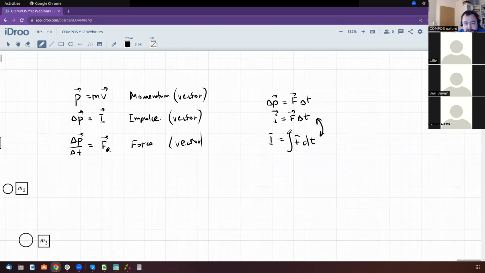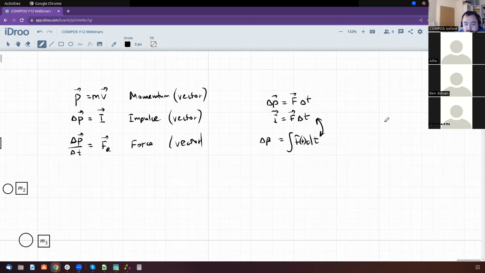It's not a coincidence, right? So if the force is a function of time, then the impulse, or rather the change in momentum, is found from the force.